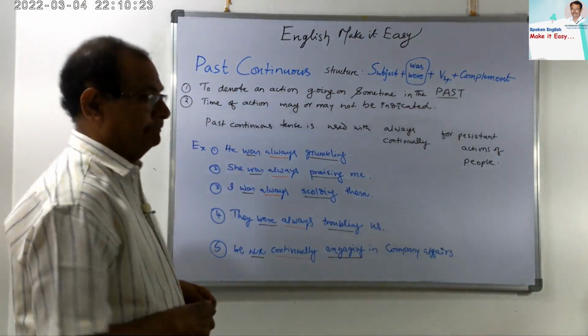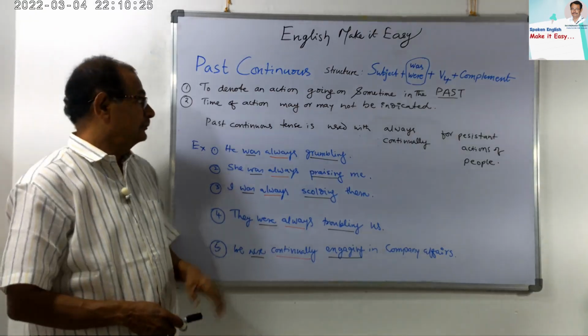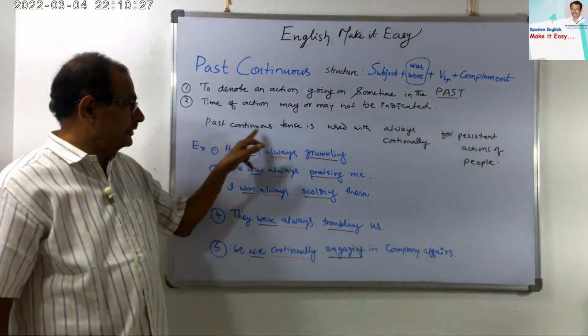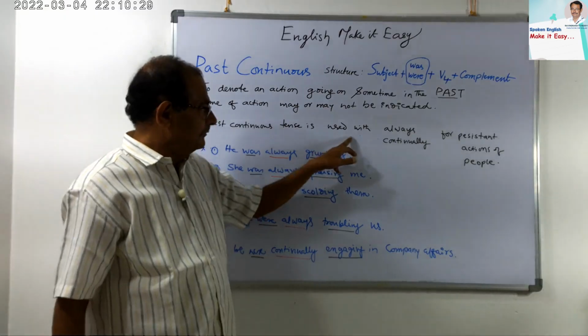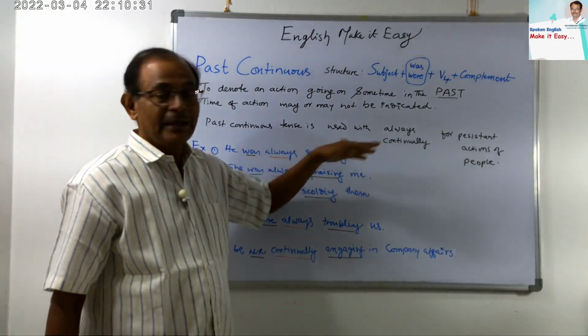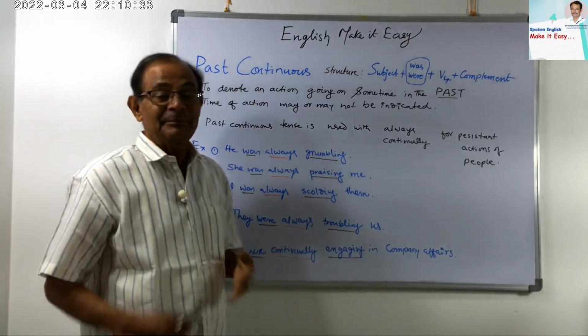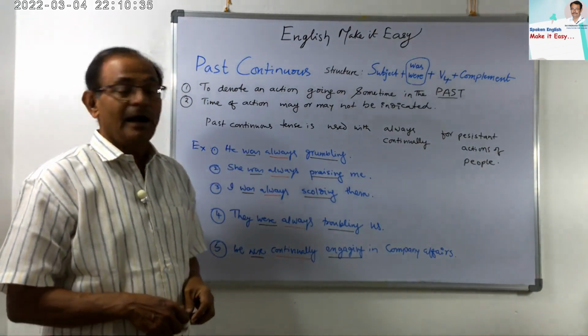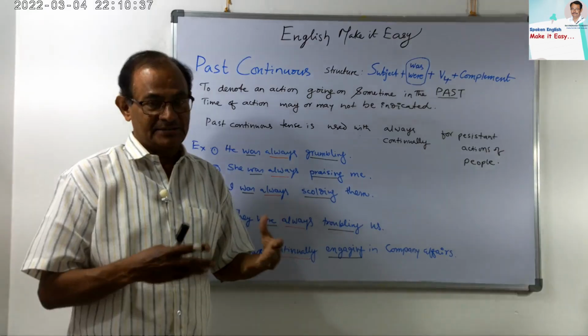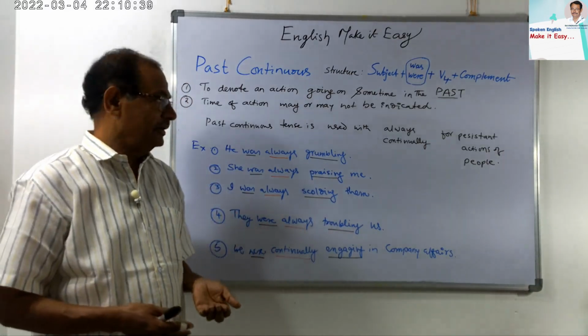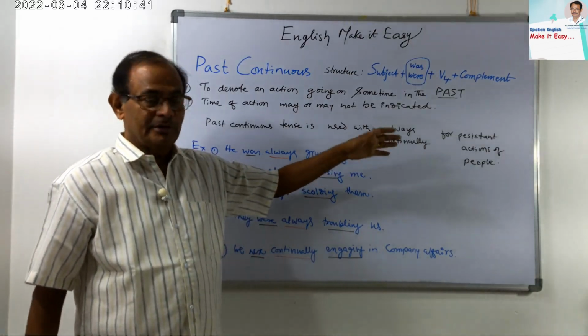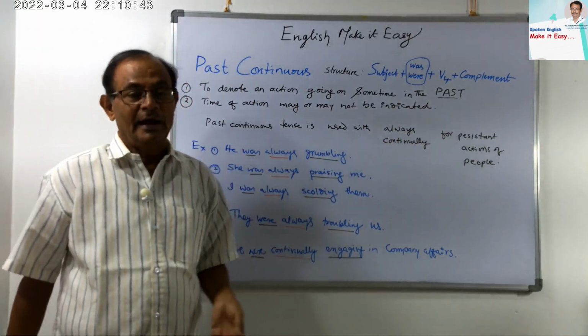Yes, students. So see this one, past continuous tense is used with always or continually for persistent actions of people. Past actions, persistent past actions with always. The time clause here is always and continually.